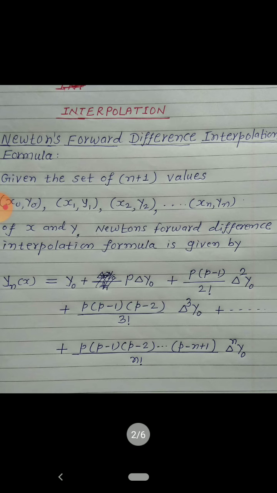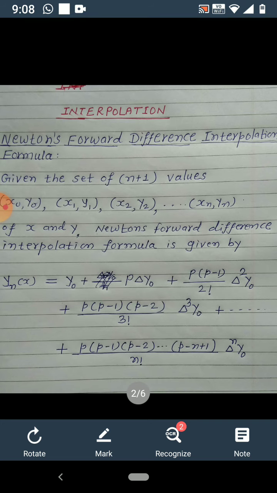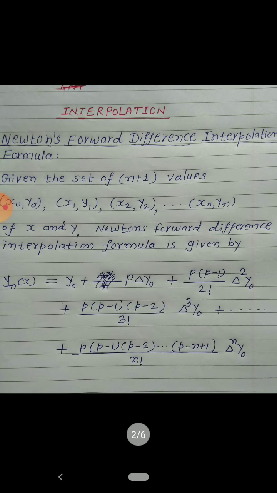The last term is p(p minus 1)(p minus 2) dot dot up to (p minus n plus 1) divided by n factorial, delta n y0. This is Newton's forward difference interpolation formula. It is called forward difference because in this formula we obtain the forward differences: first order difference, second order difference, and higher order differences up to the nth order difference.